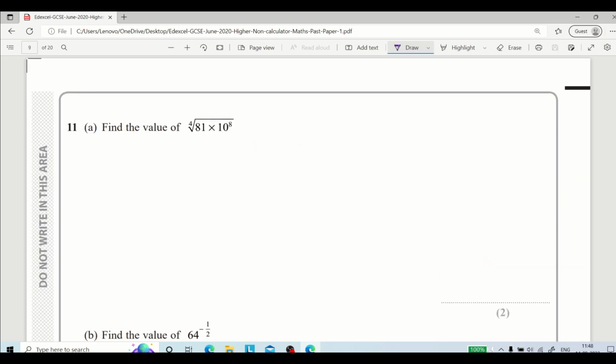Okay. Find the value of the fourth root of 81 into 10 raised 8. Okay. So here, we'll first have this one written, 81 into 10 raised 8 and this is to the power of 4.